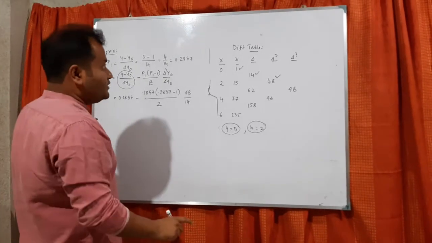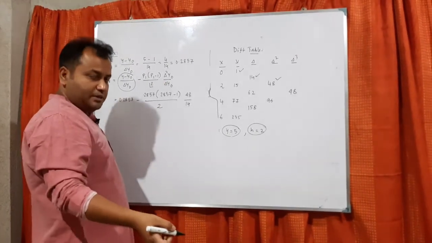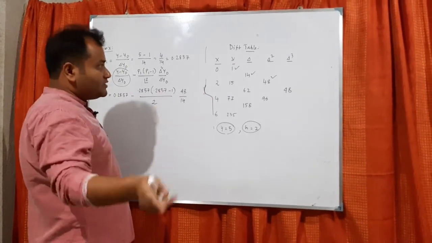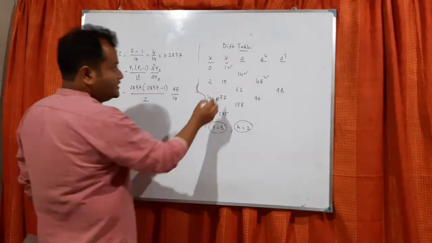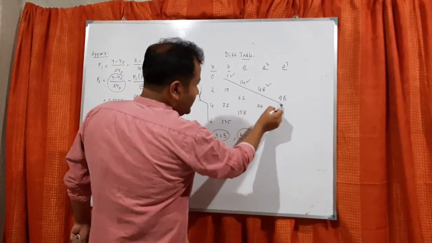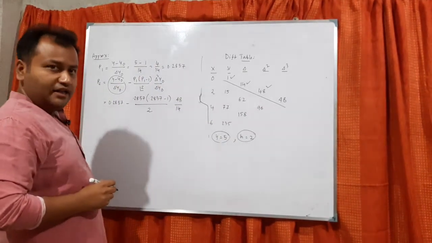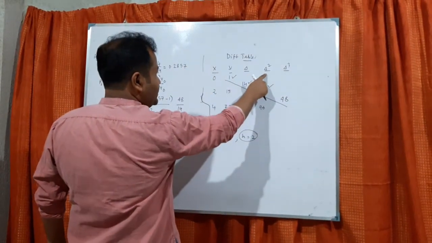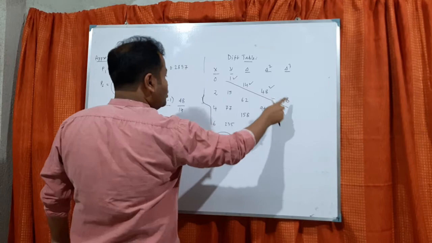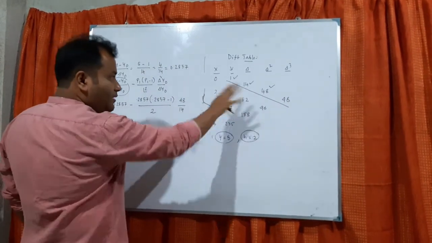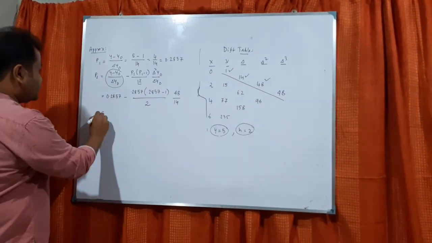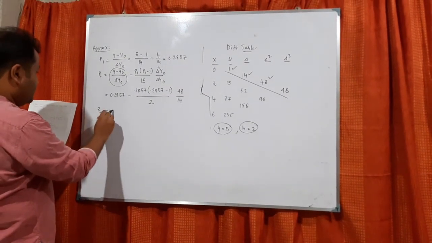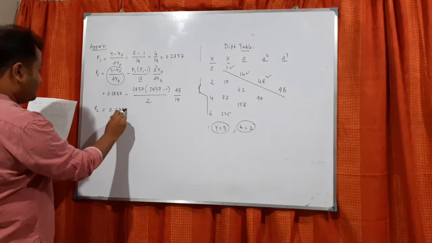You must know that when we apply the forward difference table, we take the uppermost diagonal. If you don't know, you can see my video on that. So this is y naught, this is delta y naught, this is delta square y naught, this is delta cube y naught. These values are coming from that. If you simplify, you get P2 equals 0.6355.